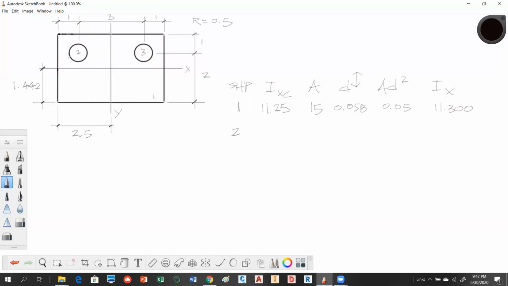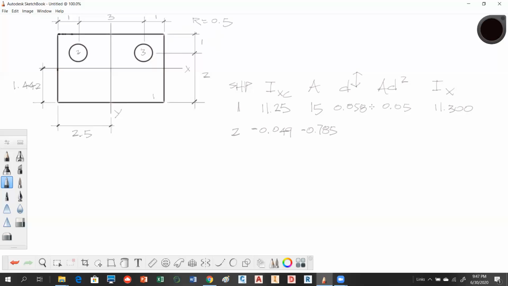But this is a negative area, so it's going to be a negative moment of inertia. So we're going to consider this a negative 0.049. Area is pi r squared, which turns out to be 0.785, and that's also a voided area, so it's negative 0.785.